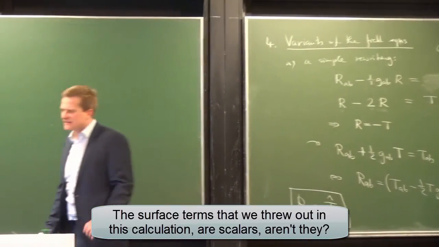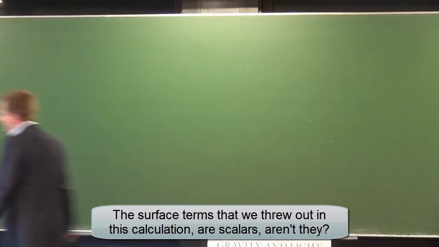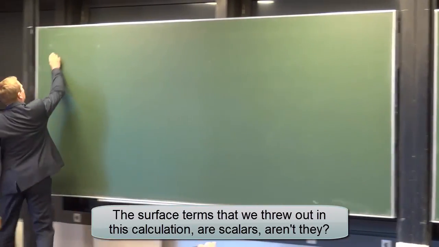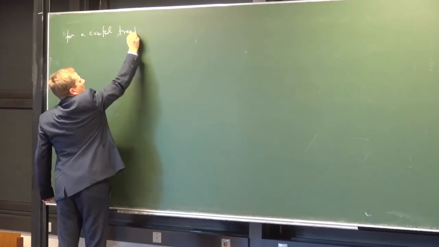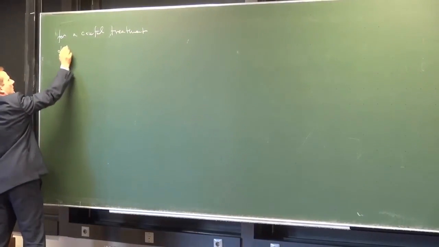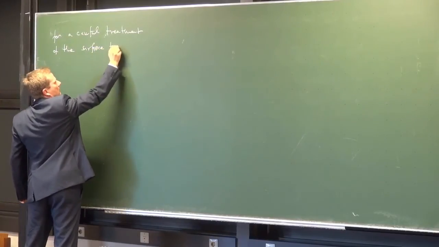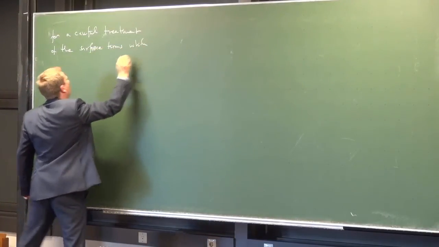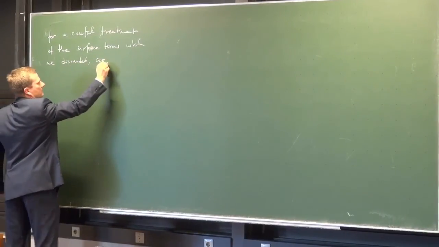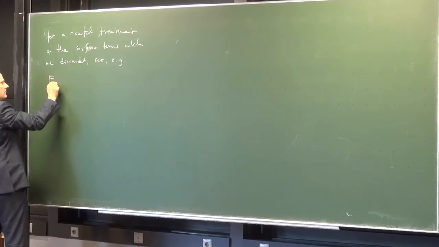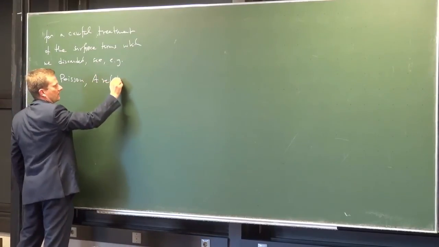And one can, as I said, carefully treat this. For instance, for a careful treatment of the surface terms, which we discarded, see, for instance, Eric Poisson, A Relativist's Toolkit.